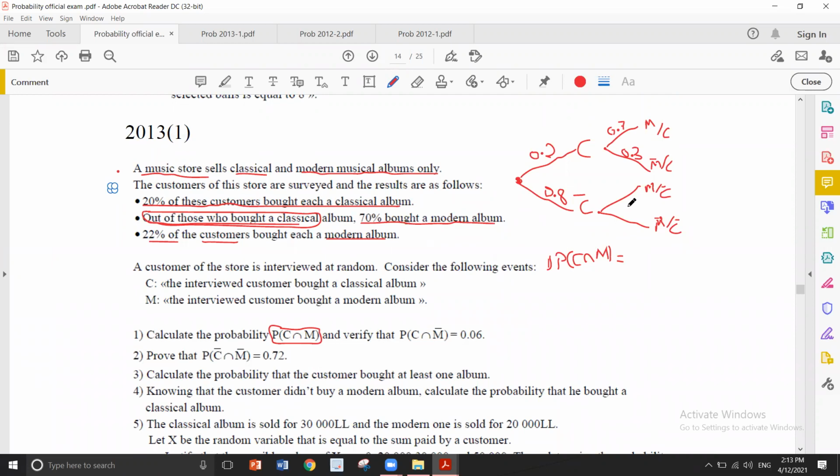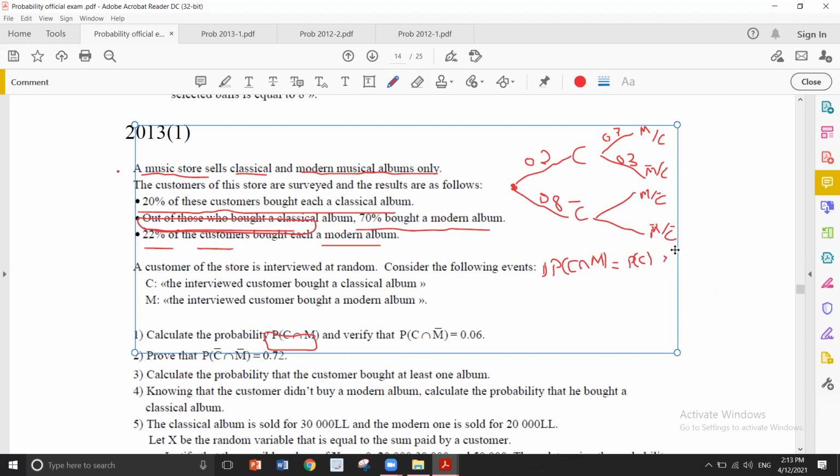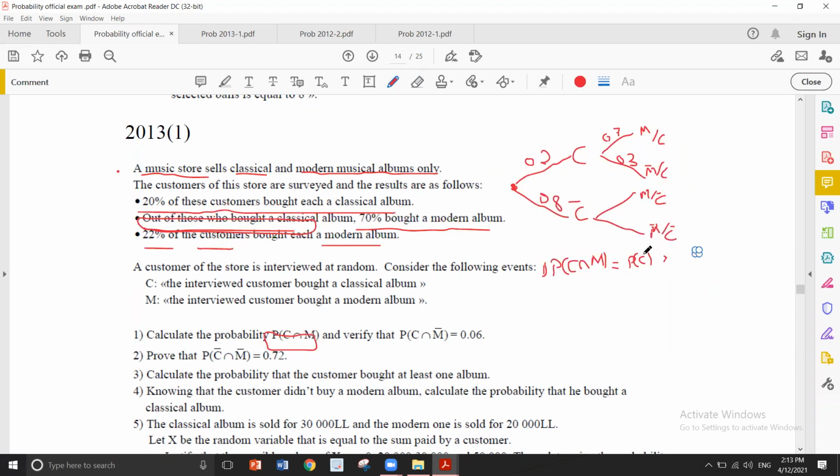P of C times P of M given C. That is 0.2 times 0.7.